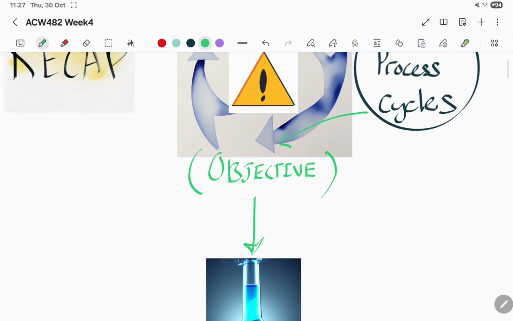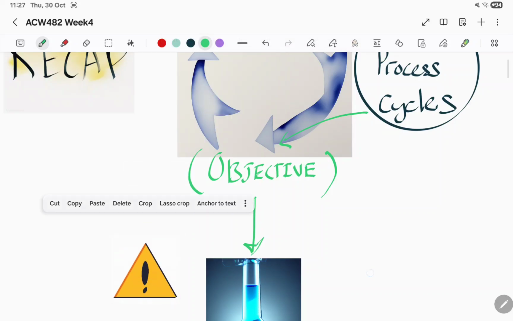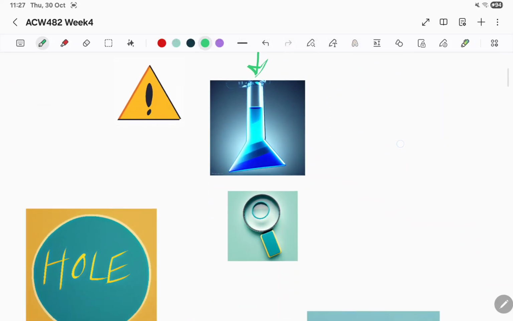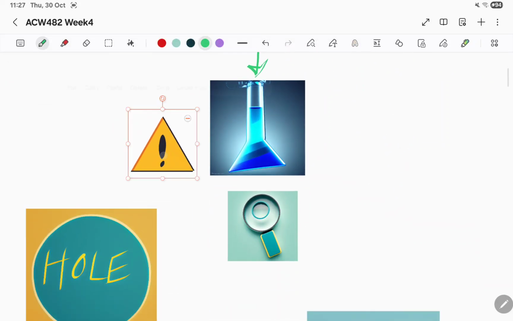But let us look at this error down here. We can say that this error or issue can be the result of a loophole in the process. You have the process set up accordingly, step 1, step 2, step 3, but there's always a loophole in between. Why is there a loophole?